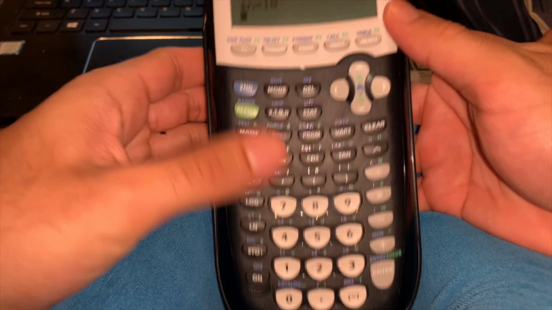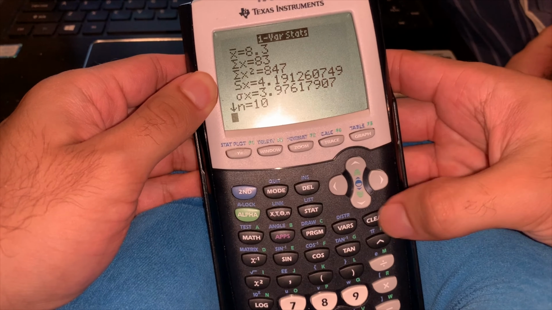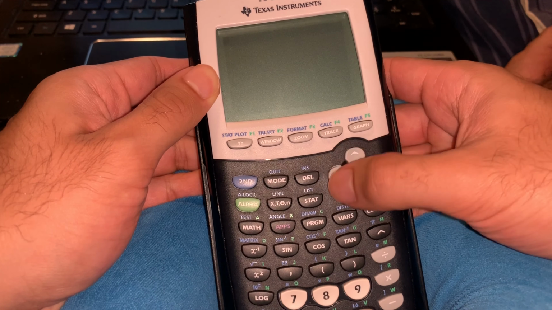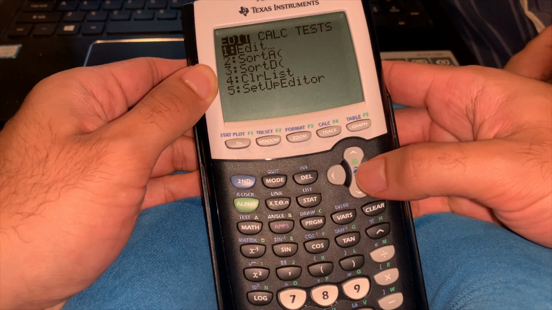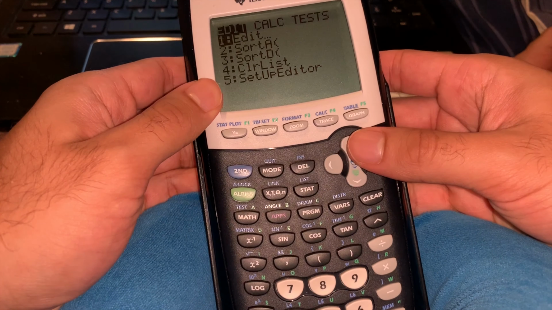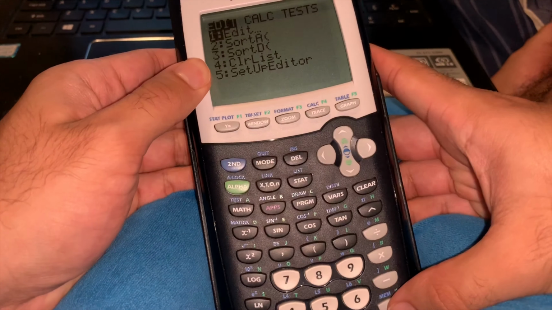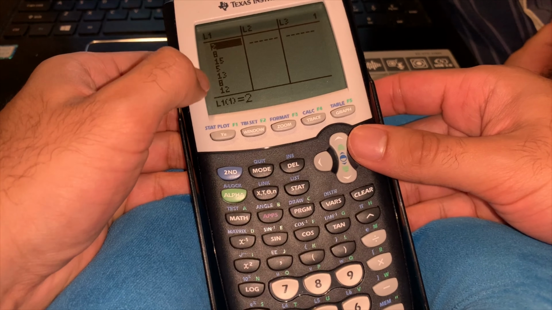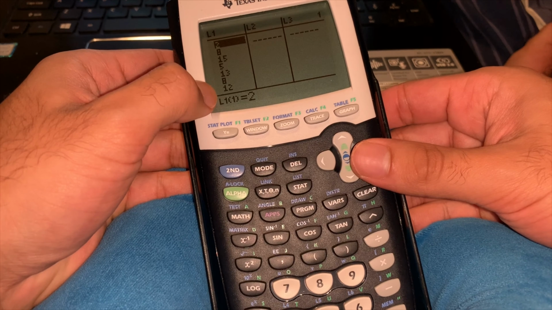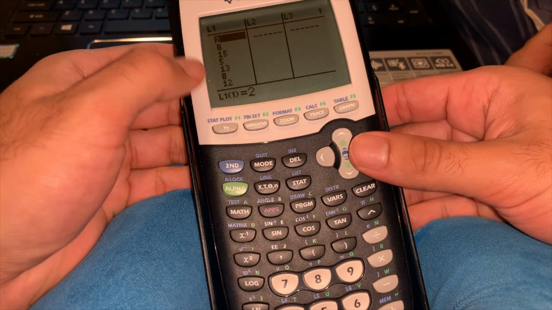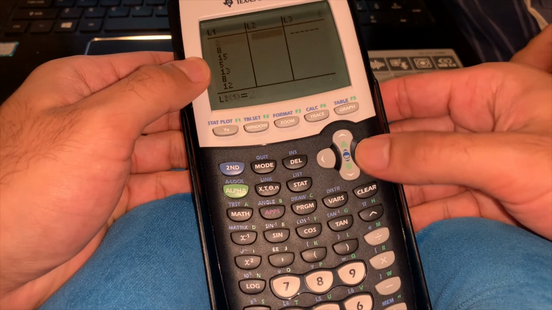I'm going to turn it on, and we're going to press the stat button. Then we are going to go to edit. L1 already has some numbers input, since I was working on the homework, so we're gonna use L2.